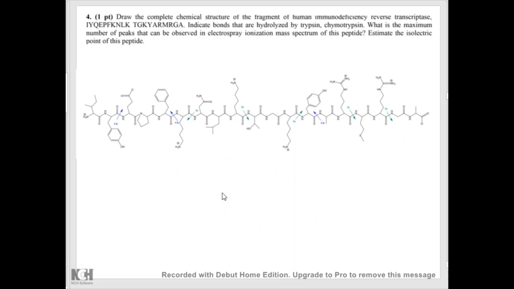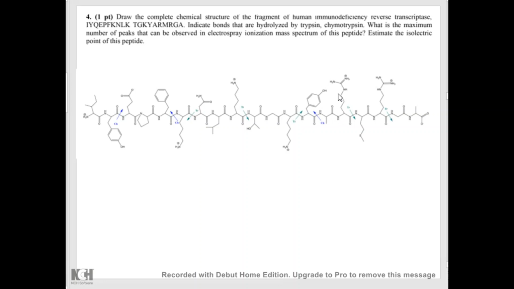And then you indicate the cleavage sites, which is a simple memorization. Trypsin cleaves after positively charged lysine and arginine amino acids. So I have lysine, and I show that the cleavage takes place here and here.